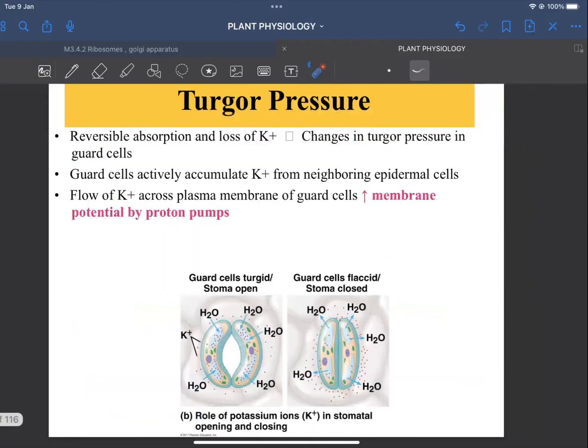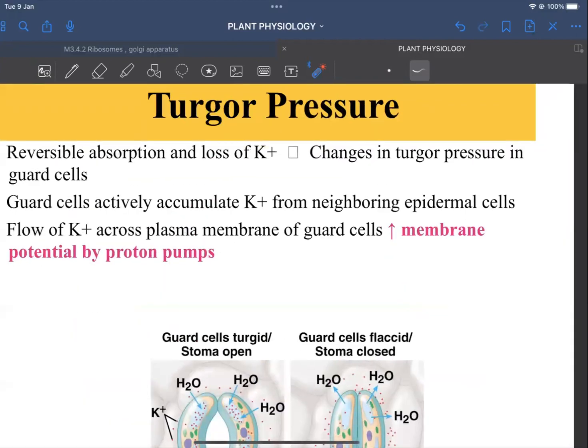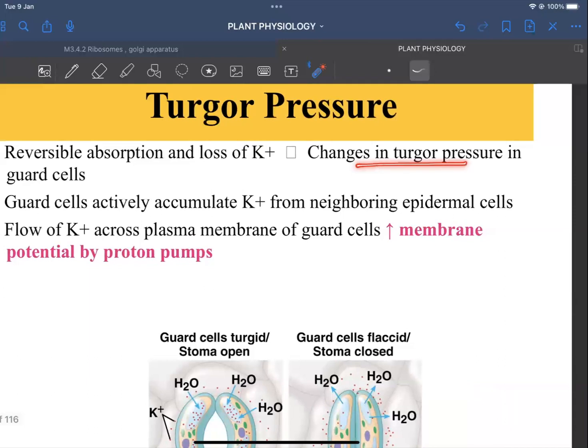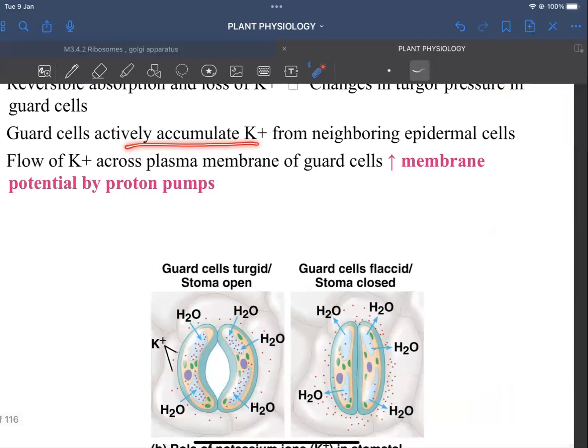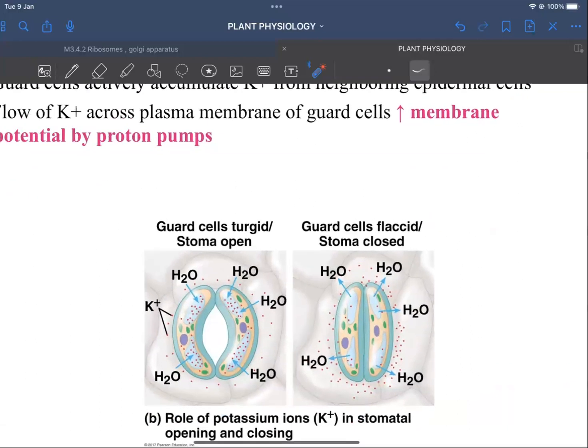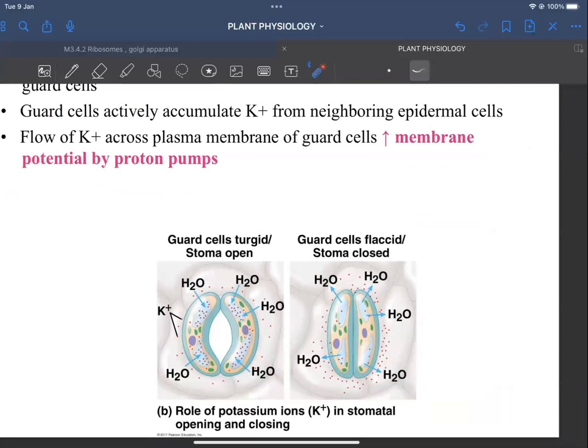Reversible absorption and losing of potassium ion is going to cause changes in the turgor pressure in the guard cells. The guard cells actively accumulate potassium ion from the neighboring epidermal cells, which is what I explained just now.